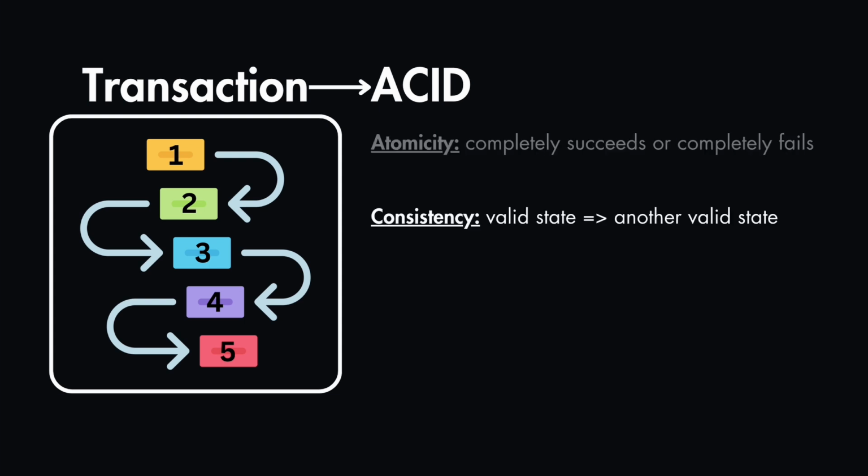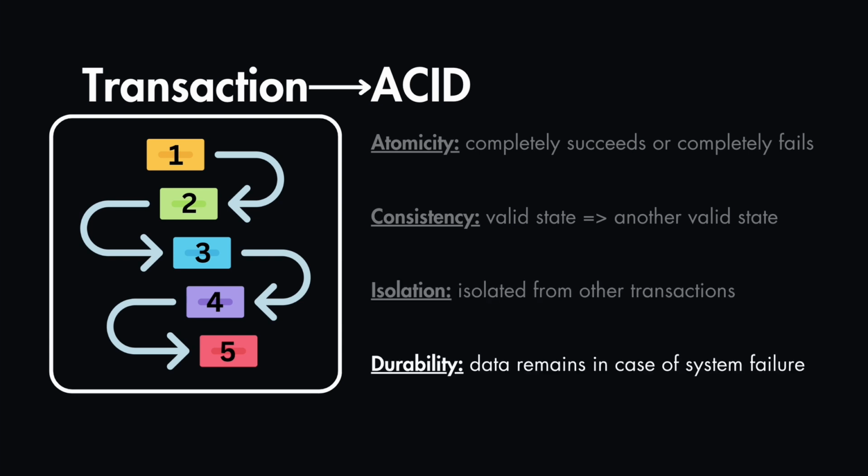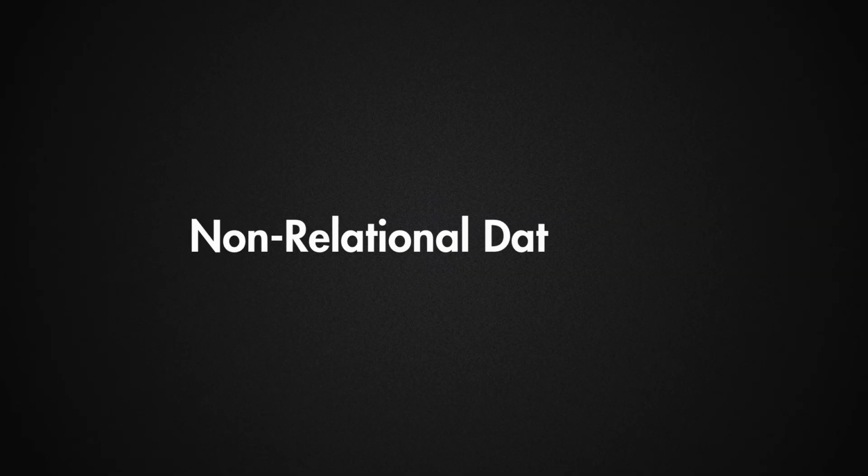Each transaction is also consistent, which means that it transforms the database from one valid state to another valid state. They also come with isolation, which means that modifications made by concurrent transactions are isolated from one another and they don't interfere with each other. And lastly, they come with durability, which means even if the system fails or the database server fails, the data will still remain there. And now let's have a look at non-relational databases.